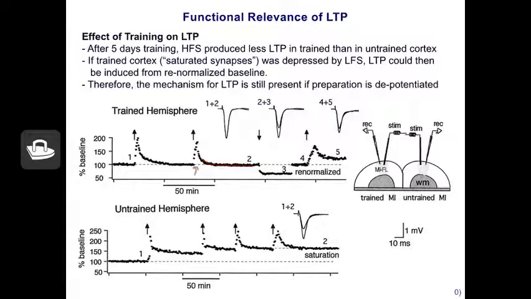Okay, let's look at the lower graph for just a minute and see what happened when they applied tetanic stimulation to the untrained cortex. The first stimulation, right here, using the exact same stimulation parameters as they used in the trained cortex, produced a nice LTP.